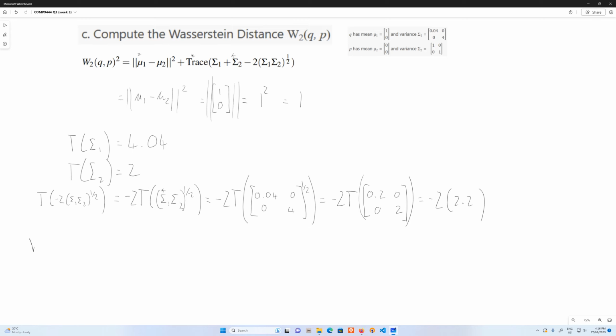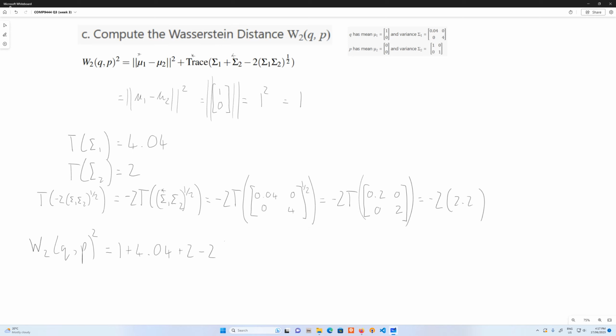So we're calculating the W2 distance between Q and P. And note that we've got a square over here. So this is squared. So I'll put the 2 up there. And if I fill in all my values, I end up with 1 plus 4.04 plus 2. And then we need to subtract this final term that we found.